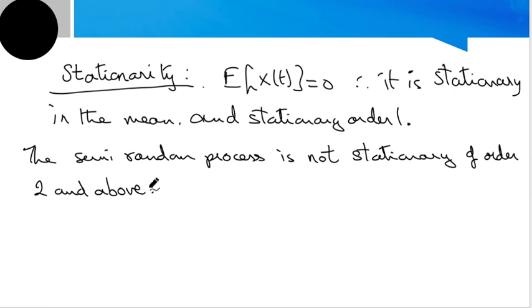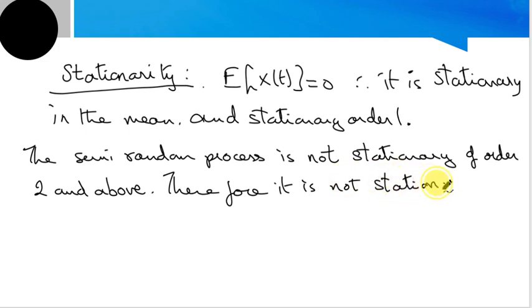You see, as we take whether t1 t2 lie within the same interval, the value is 1; when in a different interval, the value is 0. Therefore, there are shifted versions of time differing by a set amount. Therefore, it is not stationary in autocorrelation.